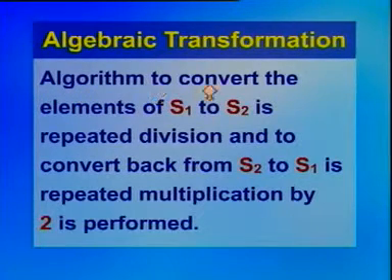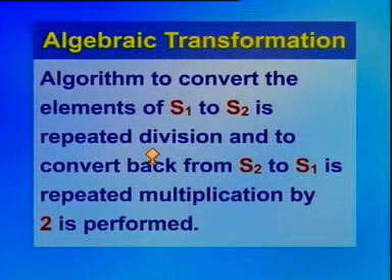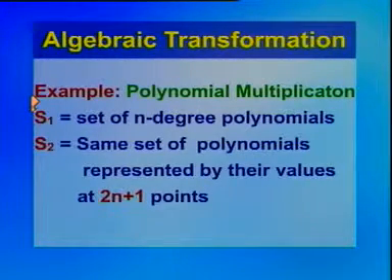The algorithm to convert the elements of S1 to S2 and back is very simple, and all of us know it. To convert from S1 to S2, that is from decimal to binary, repeated division by 2 is performed, and to convert from S2 back to S1, repeated multiplication by 2 is performed. So, the time complexity will be reduced when we convert into binary.